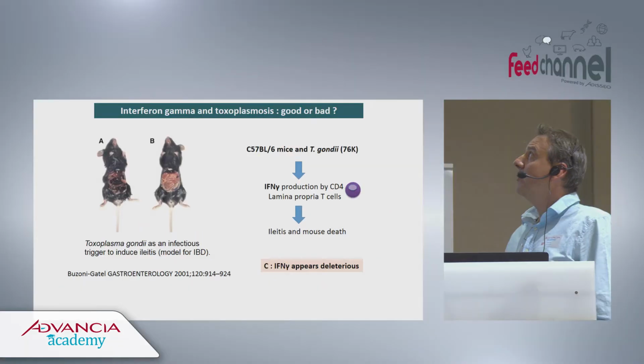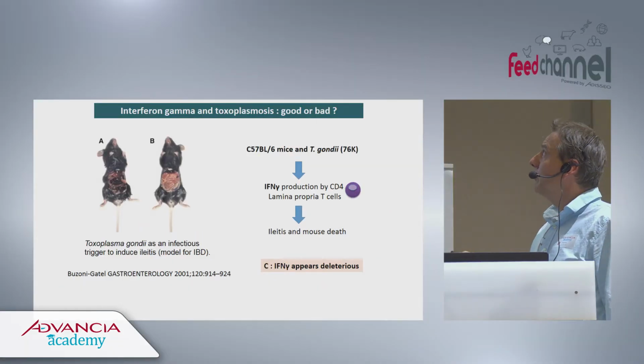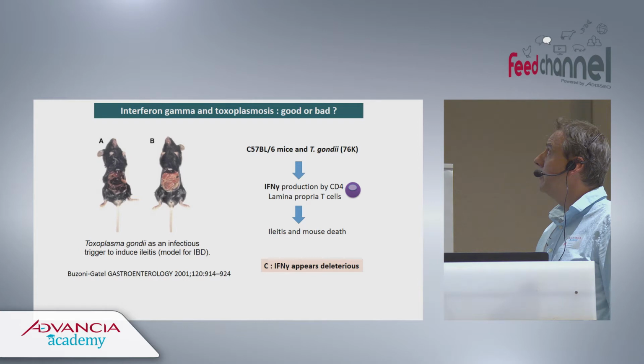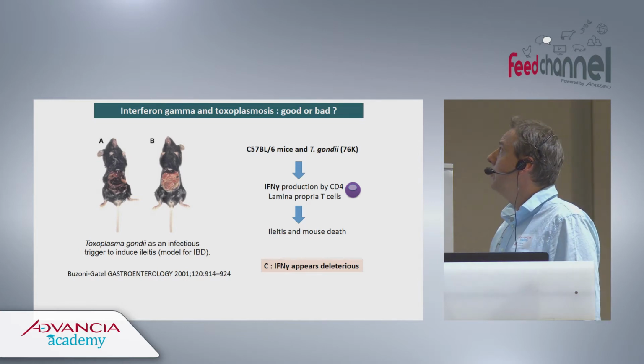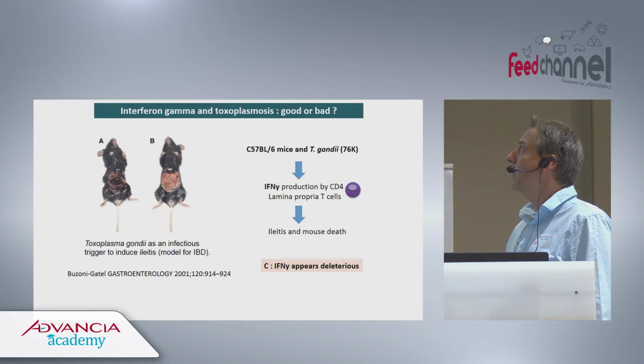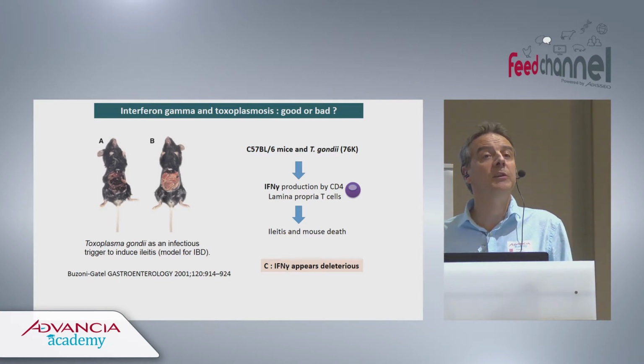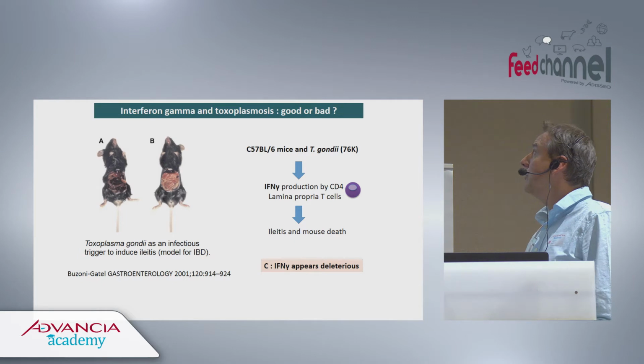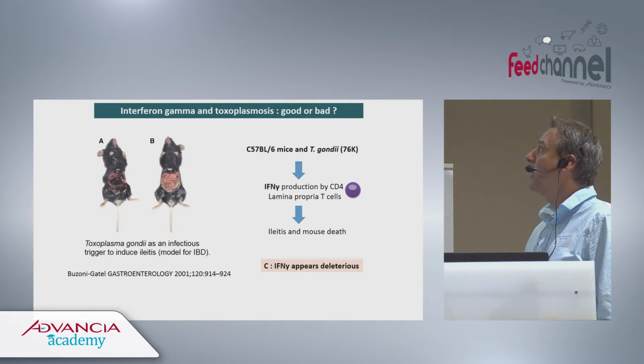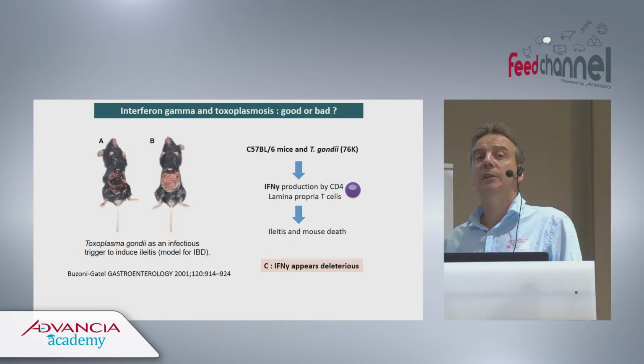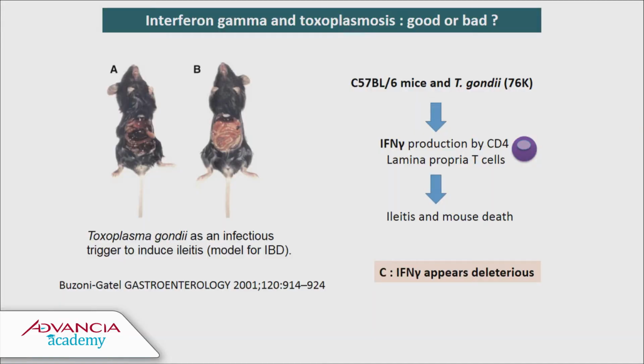If you look at the literature, you can see that, for example, if you infect C57 mice orally with Toxoplasma gondii, you can produce a huge interferon gamma production by CD4 T cells. And this huge interferon gamma production in the lamina propria will induce ileitis and mouse death. So if you just look at these data, you will conclude that interferon gamma appears deleterious for controlling the disease.